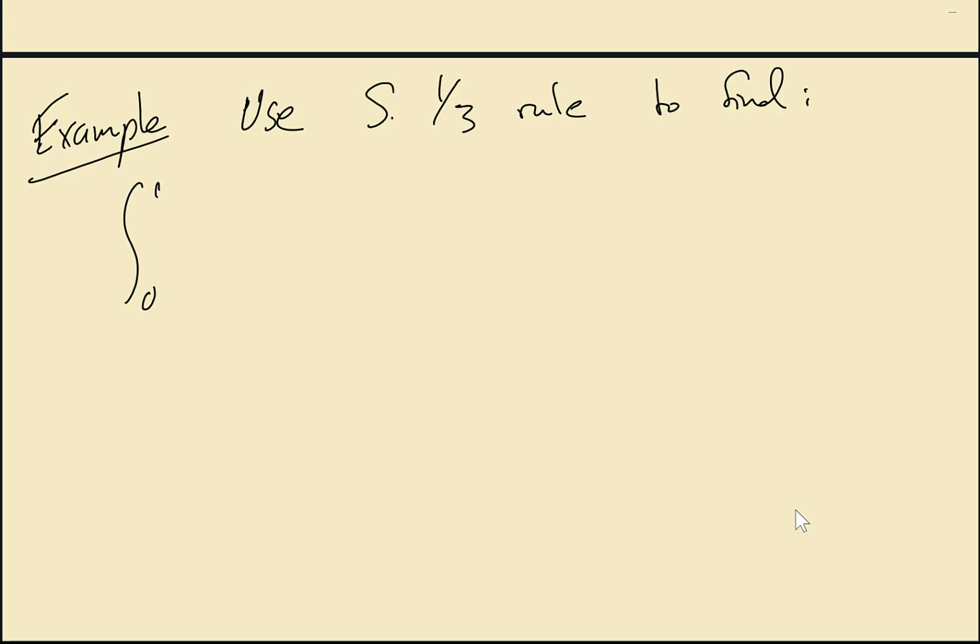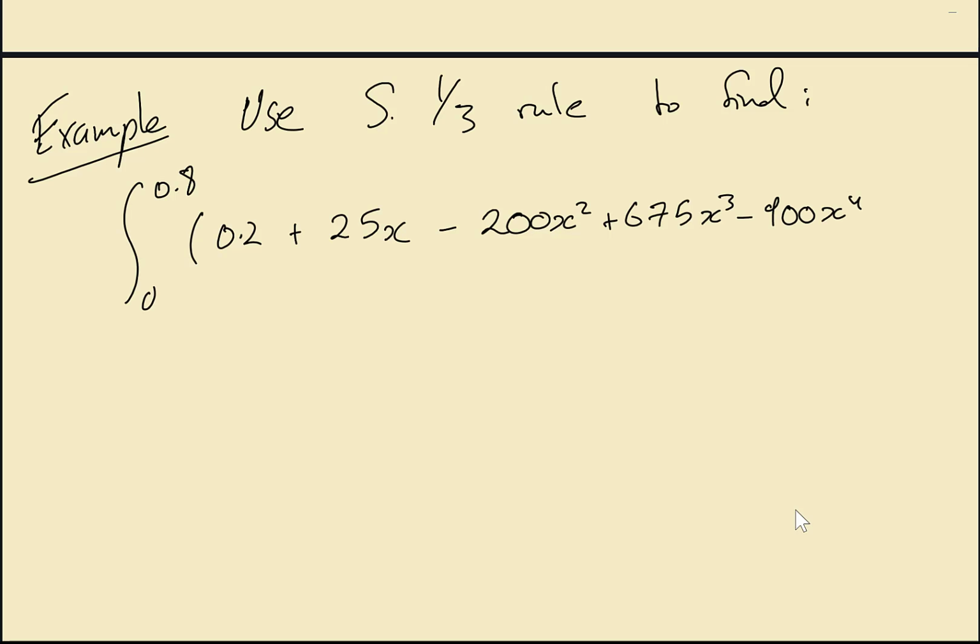So we're looking to find the integral from 0 to 0.8 for the function 0.2 plus 25x minus 200x squared plus 675x cubed minus 900x to the 4 plus 400x to the 5 dx.